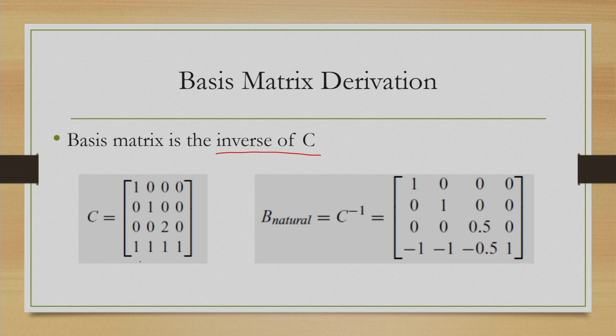Also you can refer to the appendix of the reference material that will be mentioned at the end of this lecture to learn how to get the inverse of a matrix. Assuming we already know that, if this is our constraint matrix C and if we take the inverse, the matrix that we will get is this one, and this is the basis matrix for the natural cubic spline.